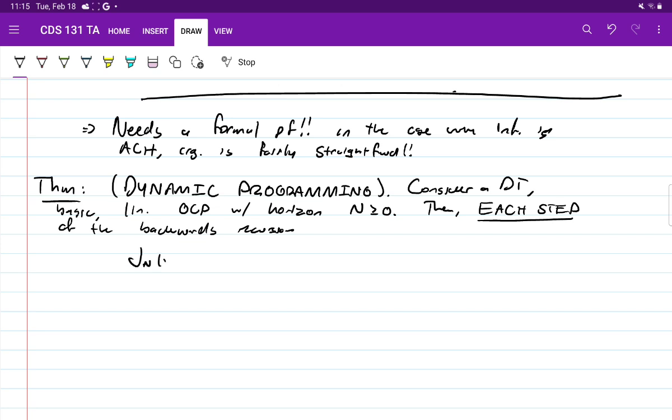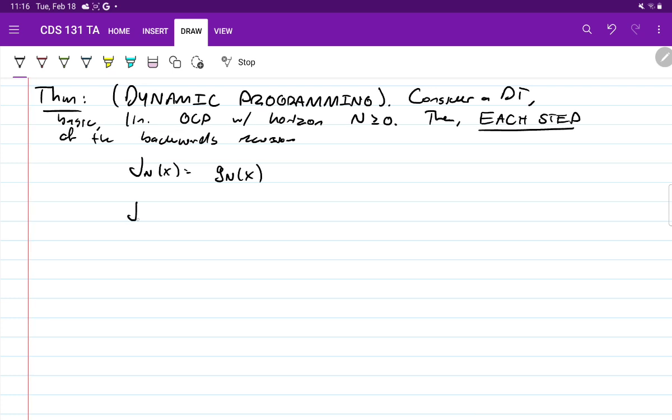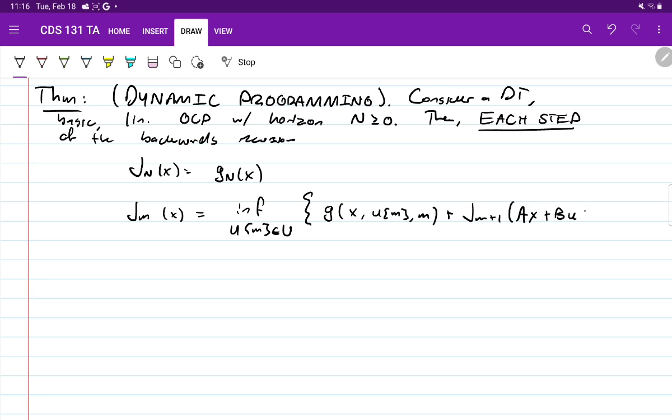Backwards recursion: J_N(x) equals g_N(x), where g_N is our terminal cost, and J_m(x) equals the infimum over u in U of g(x, u, m) plus J_{m+1} of our dynamics, Ax + Bu, at time step m. Yep, that's it.